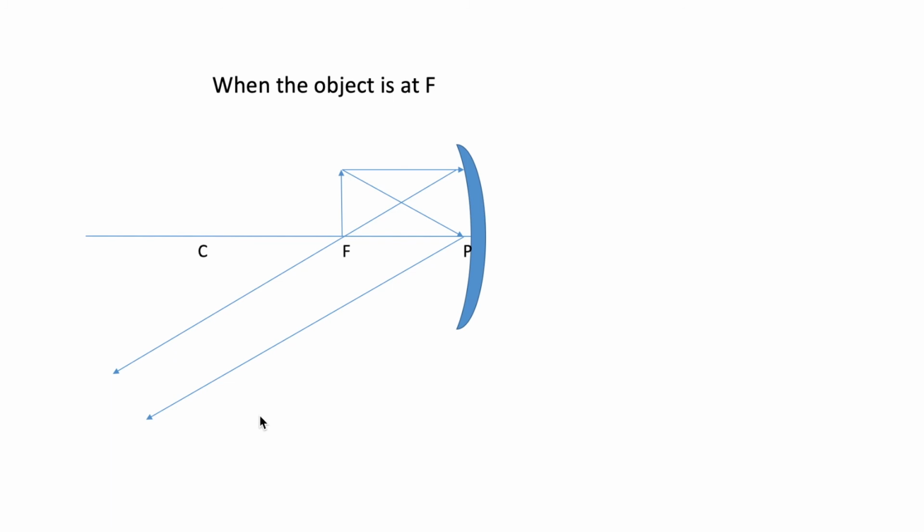It is going as parallel, but at some point of infinity these reflected rays will meet and an image will be formed, but the image is forming at infinity. So for the case when the object is at focus, the image is forming at infinity and the image will be magnified also and it is real and inverted again.